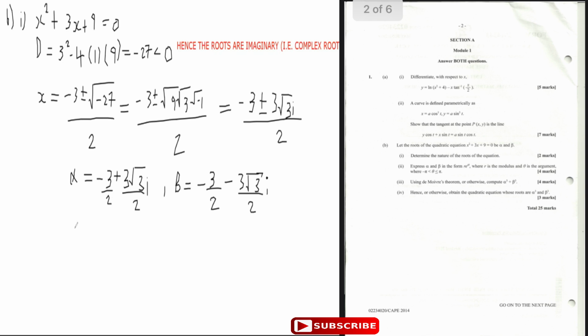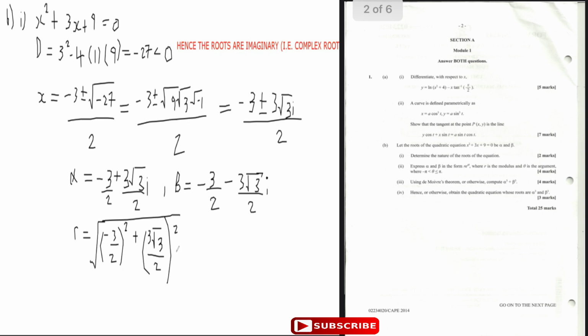In this case, r is equal to minus 3 over 2 squared plus 3 root 3 over 2 all squared, and then we square root this result, of course.